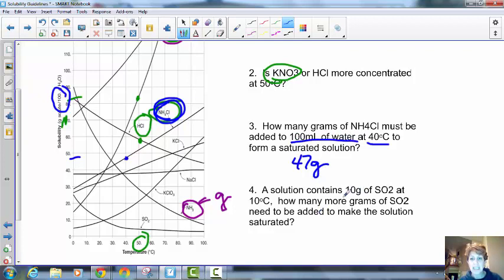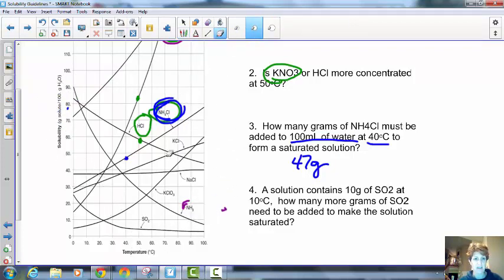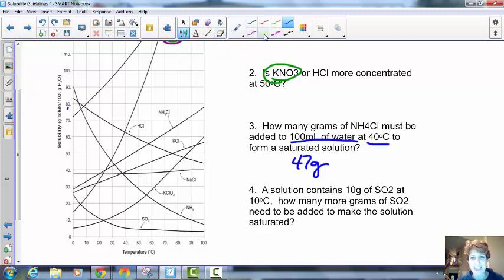A solution contains 10 grams of SO2. So just to make things a little easier right now, I'm just going to take my eraser for a minute because I'm making a mess out of the screen. So let me just try and get rid of this. Okay, go back to a pen here. Sorry, first time using this with the pen. All right, so I want SO2 at 10 degrees Celsius.